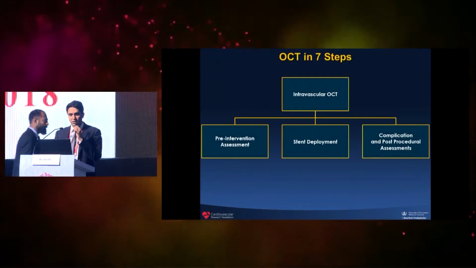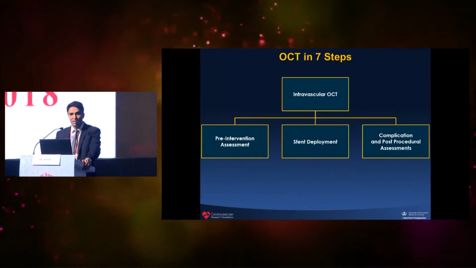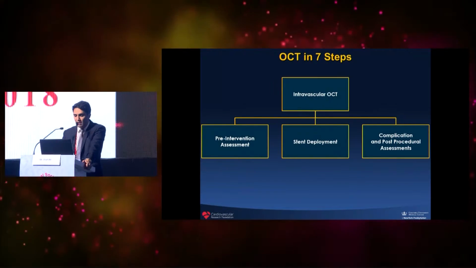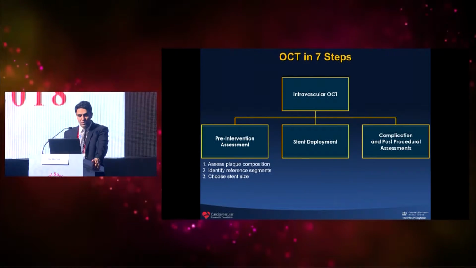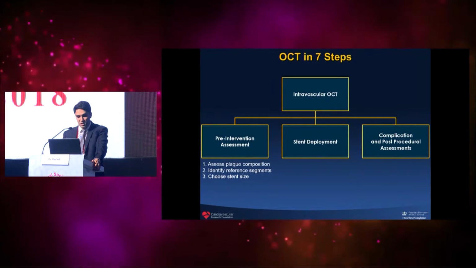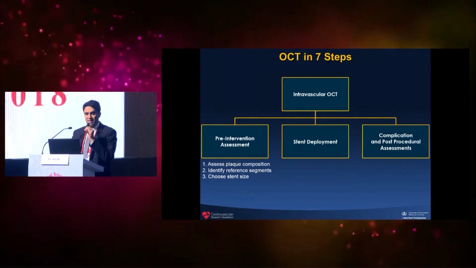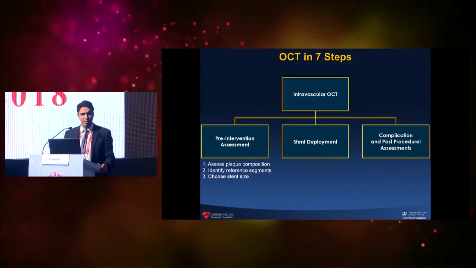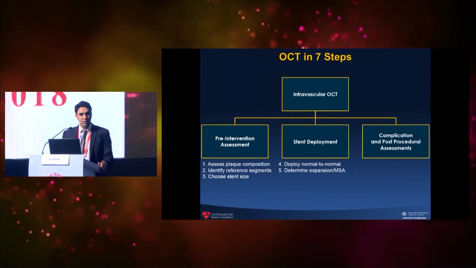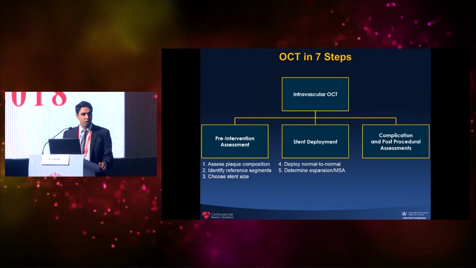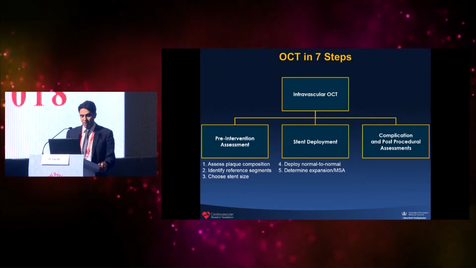Okay, so I'm going to break down OCT for you into 7 very simple steps. There should be a pre-intervention assessment where you assess the plaque composition, identify your reference segments, and choose your stent size. During stent deployment, the goal is to deploy from normal to normal, and we're going to do that using angiographic co-registration.